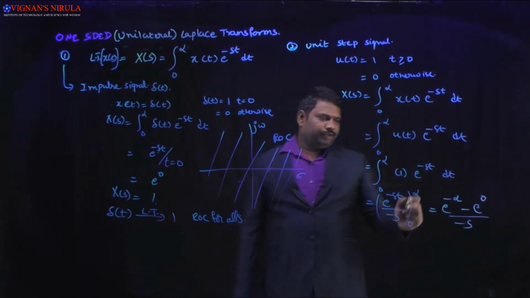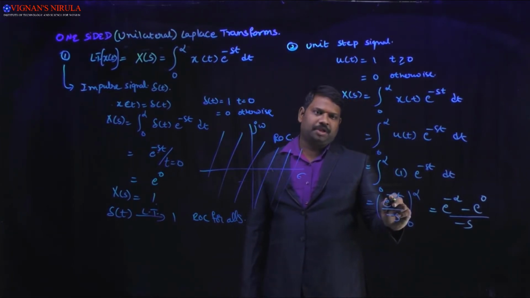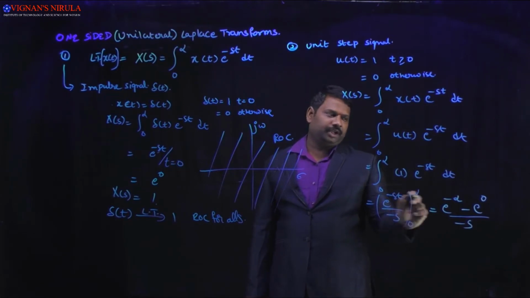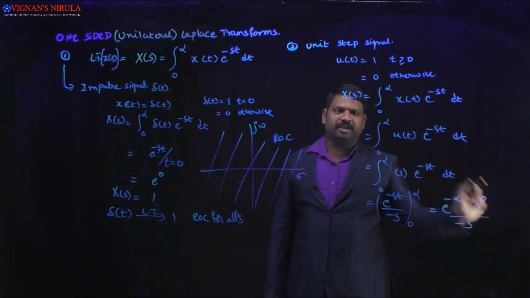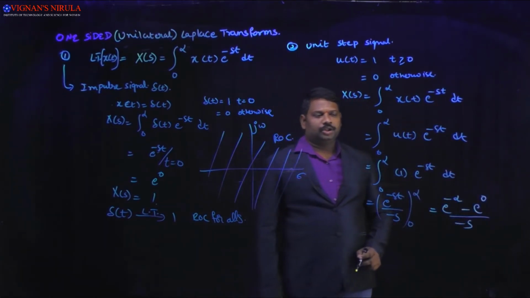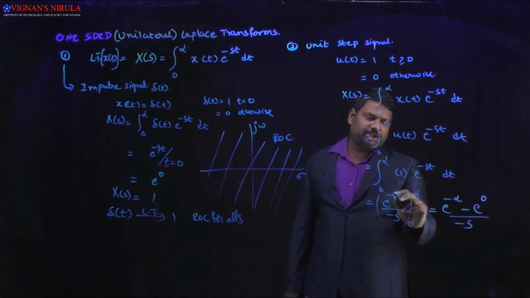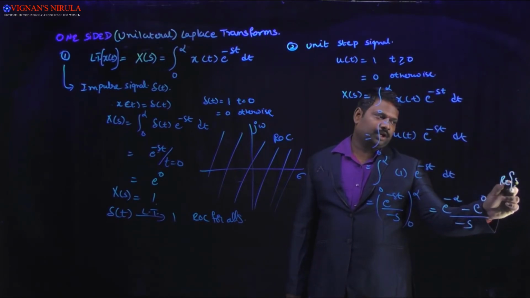But when we put the infinity value here, s has to be positive. If s is negative, e power infinity will be present, which is always infinity. The point is that this exponential becomes e power minus infinity provided Re of s is greater than 0 only.